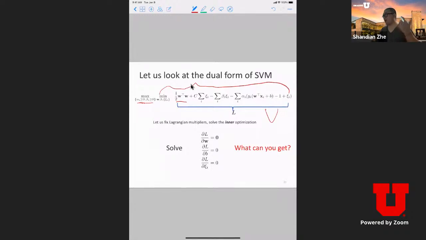Then to solve it, we just take the gradient of the Lagrange form with respect to all three variables we want to optimize. We set the gradient of L with respect to W to be 0, with respect to the bias parameter b to be 0, and with respect to each slack variable xi to be 0. Any questions so far?